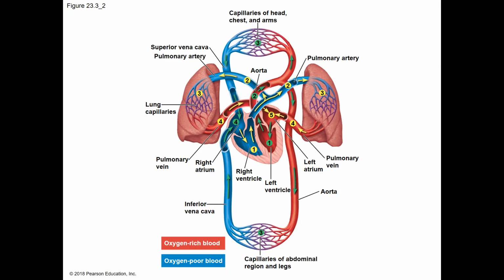The blood is then pumped back out of the heart to the lungs through the pulmonary artery. Where it's indicated number 2, the pulmonary arteries carry blood to the lungs where oxygen exchange occurs. That's where oxygen is picked up into the bloodstream, and then the oxygen-rich blood is carried back to the left side of the heart.